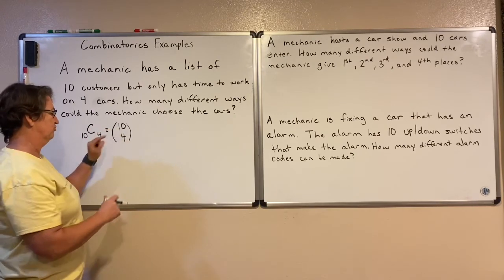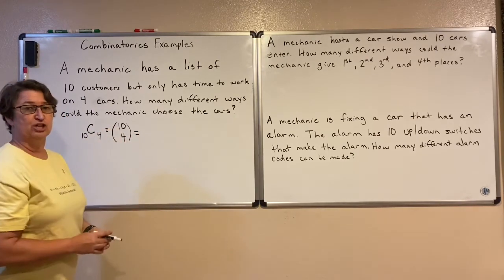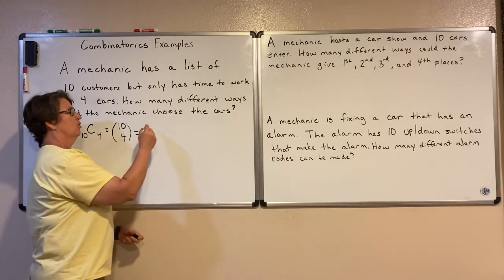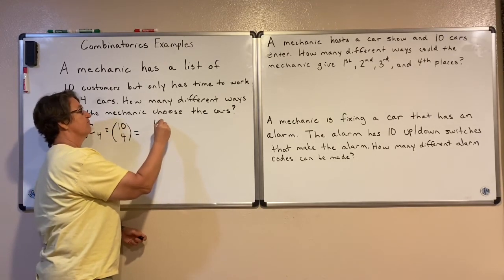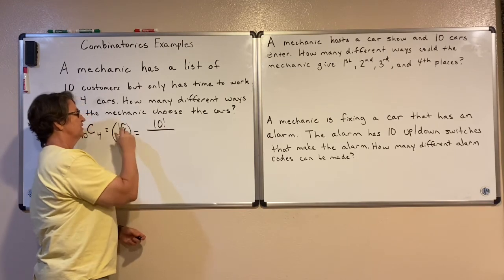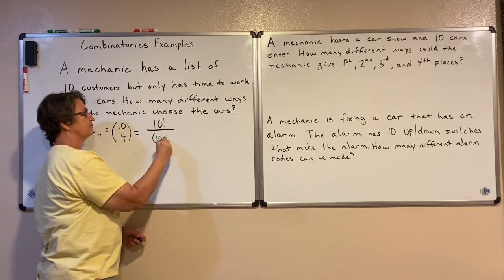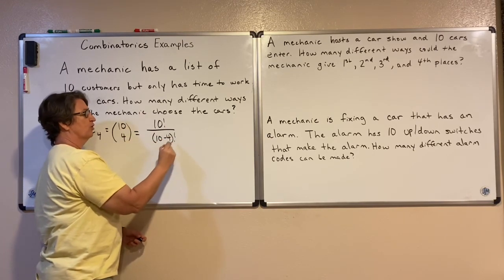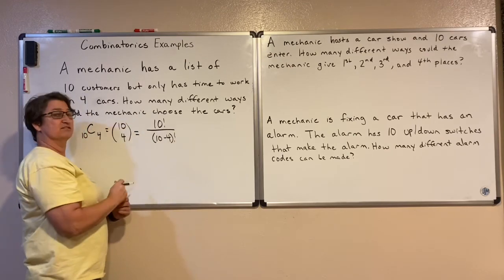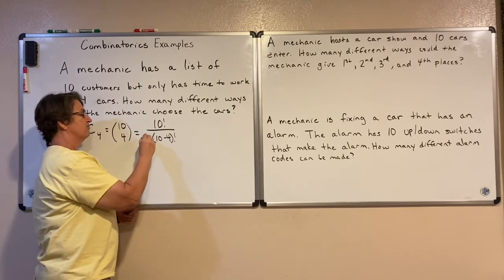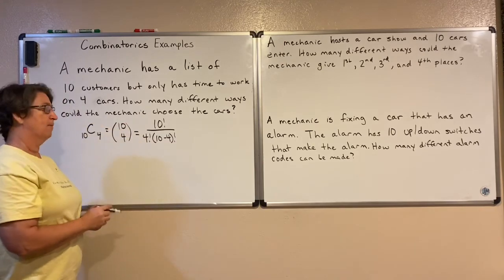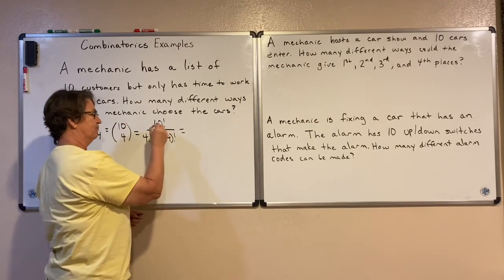That's 10 choose 4. Then we're just going to use our combination formula where we put the 10 factorial on top, over 10 minus 4 factorial on bottom. And since it's a combination, it also has the 4 factorial on bottom. Now we simplify.